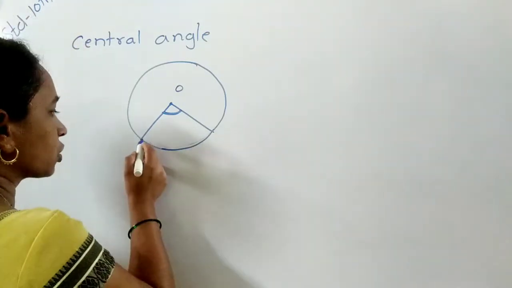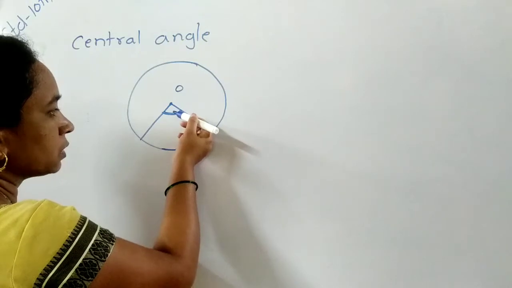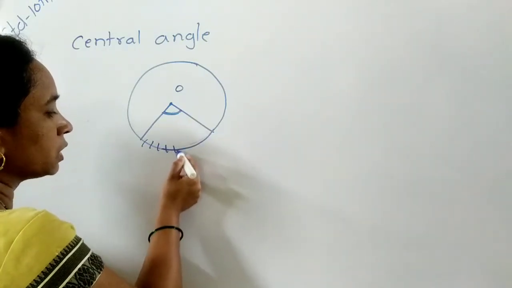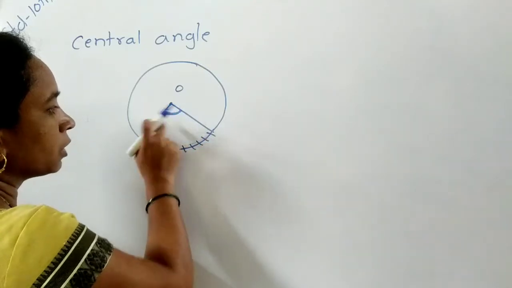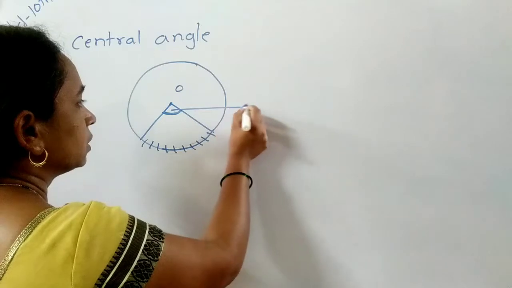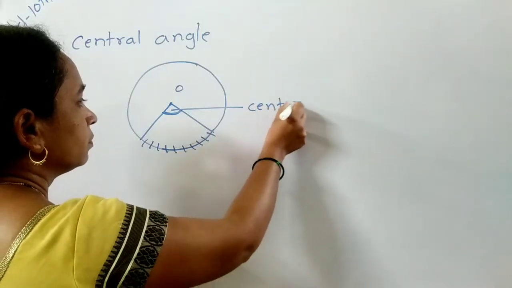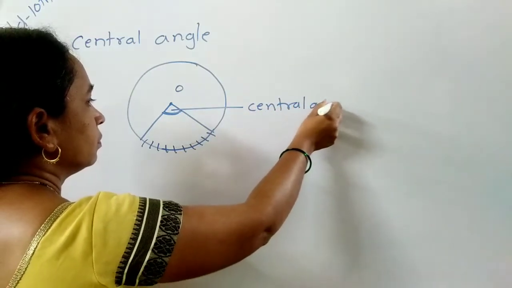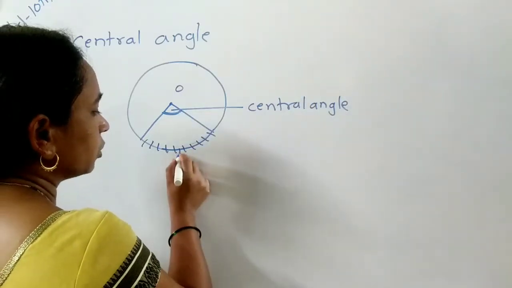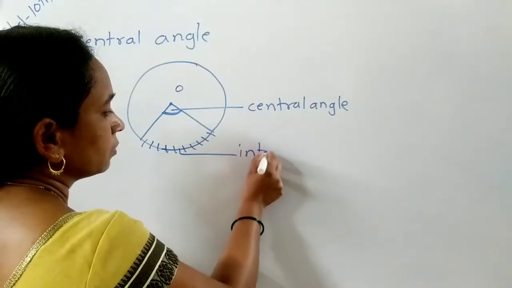Now what is the relation? If you observe, this central angle intercepts an arc. This is the opposite arc which is intercepted by this central angle. This angle intercepts this arc, so it is called the intercepted arc.